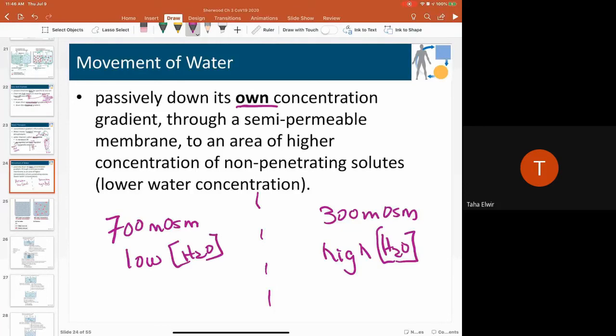So water moves from high to low. And if the solute can move, it will move after water moves.